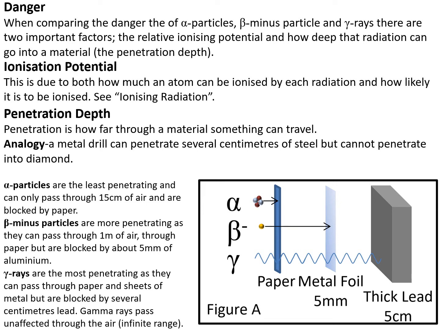Penetration depth is how deep into a material something can travel. So, as an analogy, a metal drill can penetrate several centimeters of steel, but cannot penetrate into diamond. So it has a different penetration depth depending on the material.